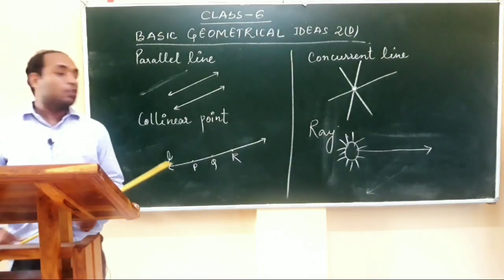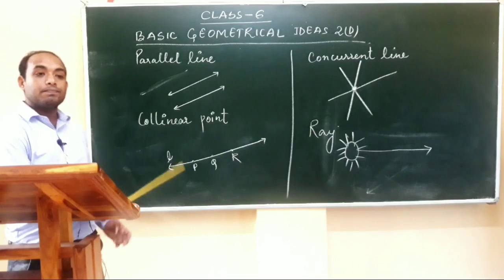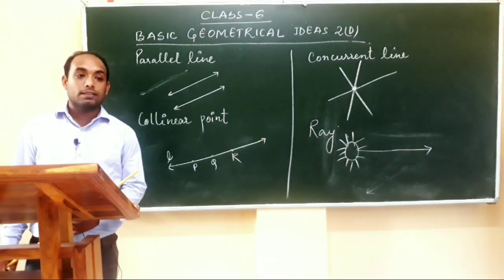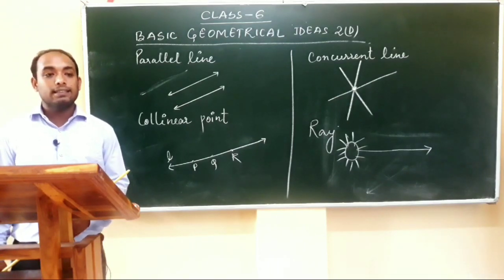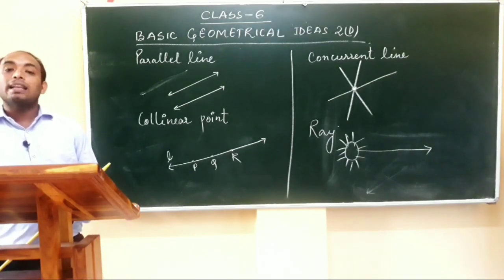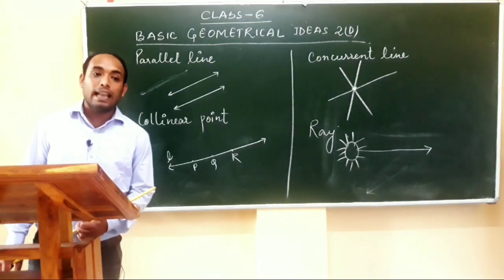Now, we'll discuss collinear points. What is collinear point? Three or more points are collinear if all of them lie on the same line.